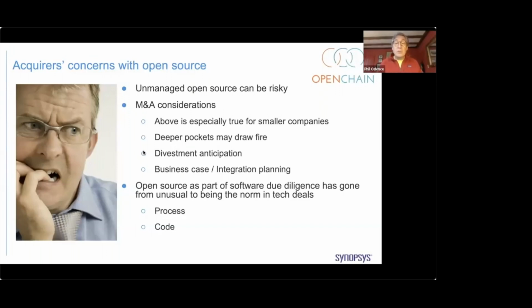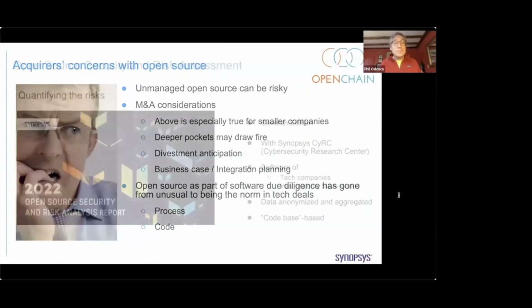That includes both looking into the processes around managing open source, but also the code itself. And I'll be emphasizing that. And certainly OpenChain plays a role there in the process piece of that. And we'll circle back to that.